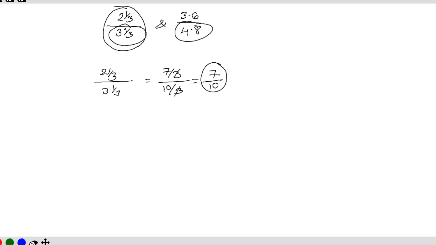So I have simplified this into 7 upon 10. Again I will simplify this. इसको सिंप्लीफाई करने के लिए डेसिमल के बाद एक ही डिजिट है, दोनों के डेसिमल कैंसिल हो जाएंगे, 36 upon 48. Now 36 upon 48 को अगर आप सॉल्व करेंगे तो 3 by 4. So it will become 3 by 4.